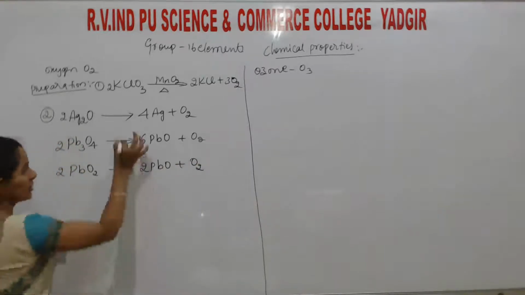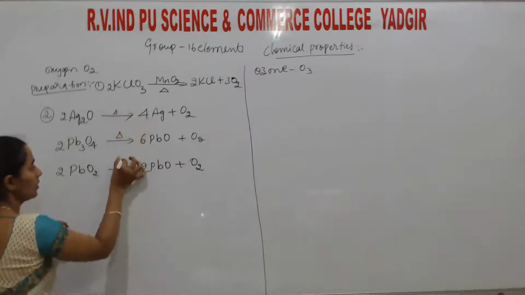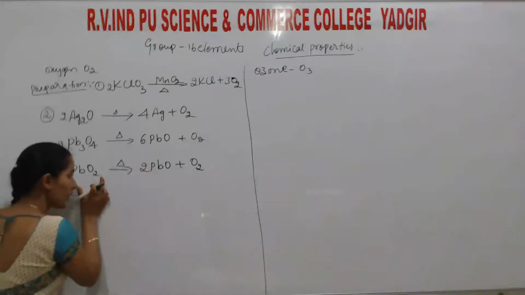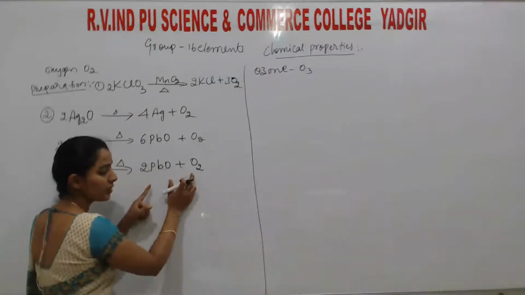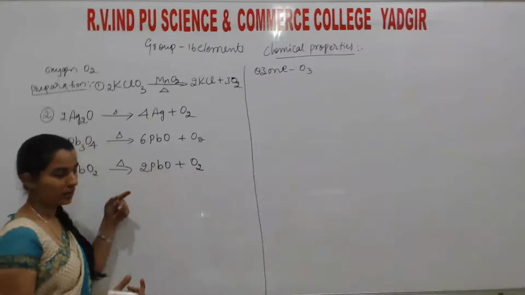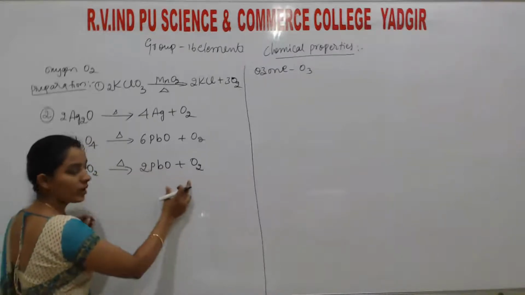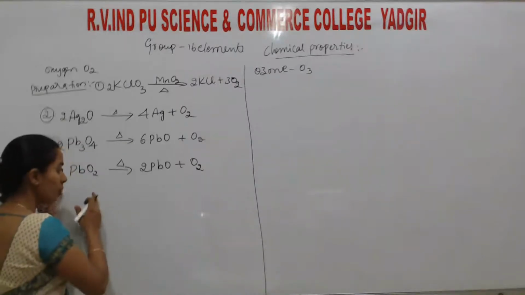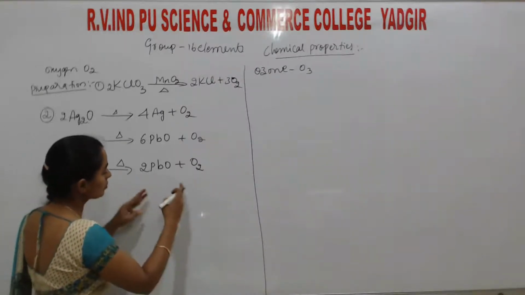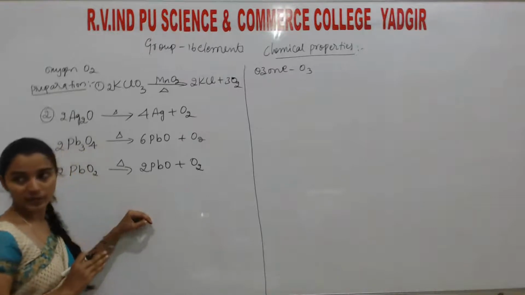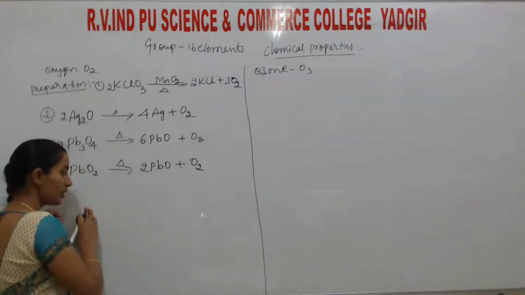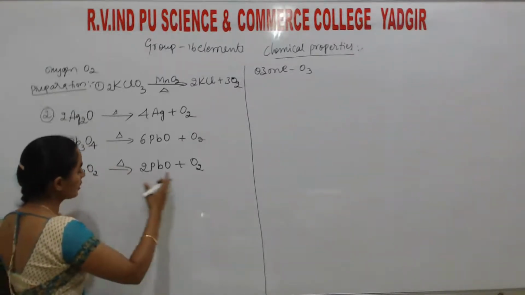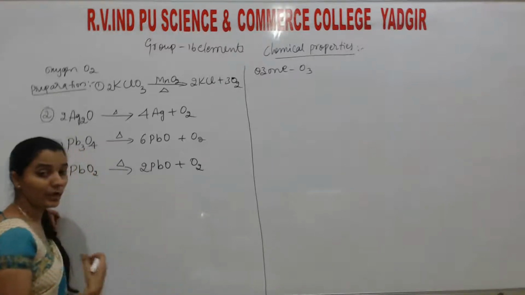These are decomposition reactions upon heating. One reactant and two products, then it is decomposition. If two reactants and one product, that is combination. If two reactants and two products, that is displacement. If two reactants and three or more products, that is double displacement.